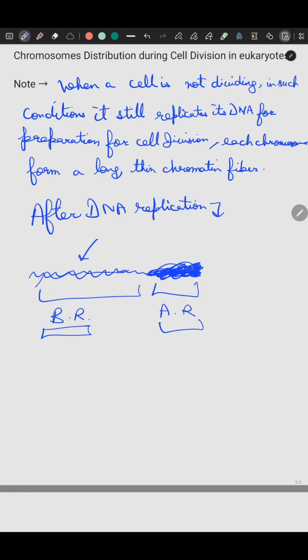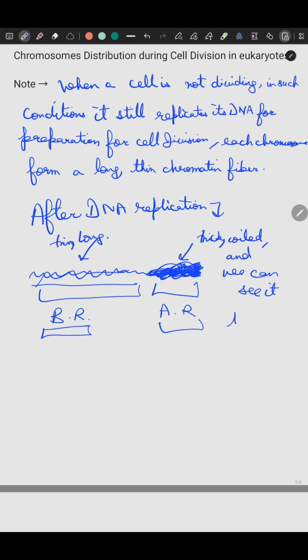What we can observe here is that the chromatins are thin and long, but after replication of DNA, we can see the chromatin is thick and more coiled, and we can see it with a light microscope, which means they are now visible.